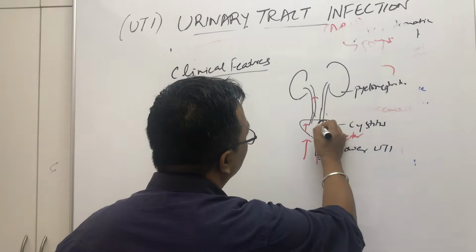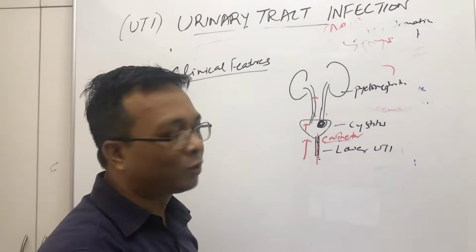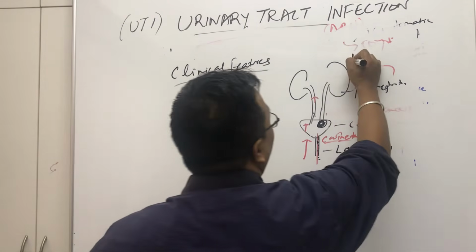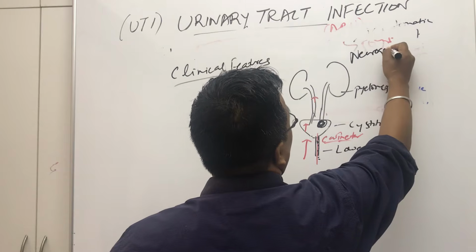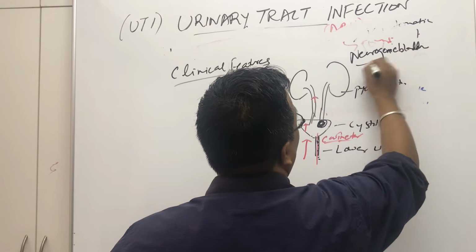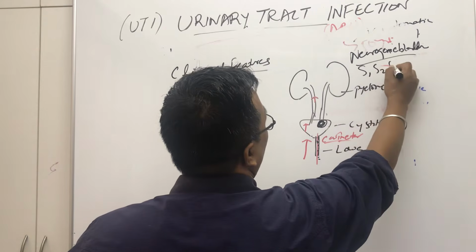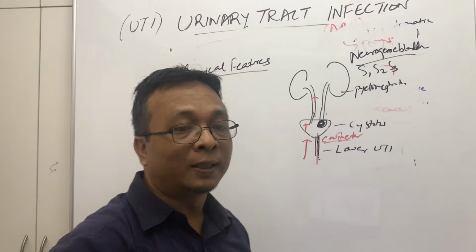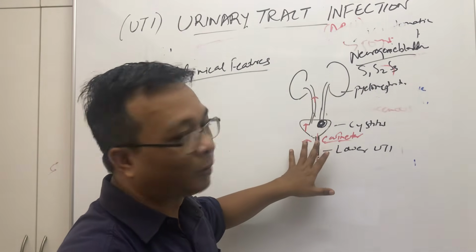Sometimes there is a stone. That is also a risk factor, because it is blocking the urine flow. Or neurogenic bladder, when the spinal cord is damaged. Any trauma to S1, S2, S3, as you know, this is the micturition reflex. So when the bladder cannot empty, these are all also risk factors.